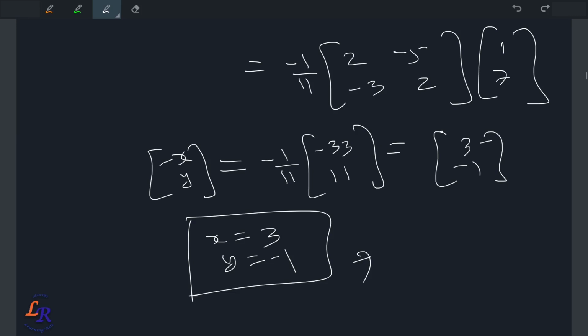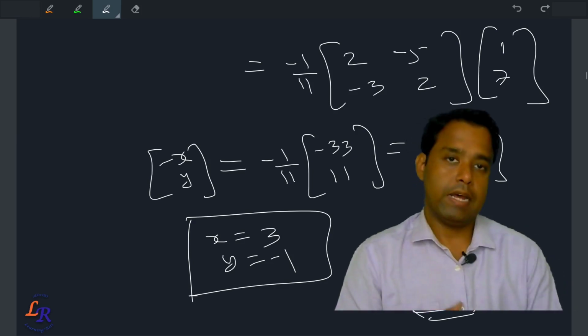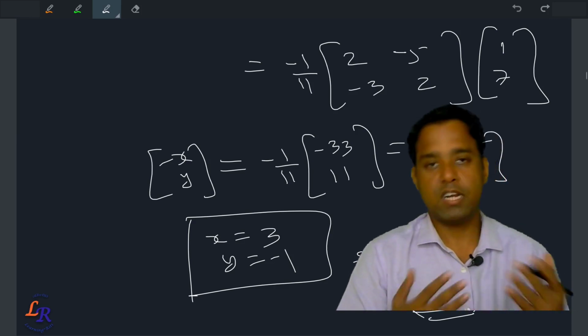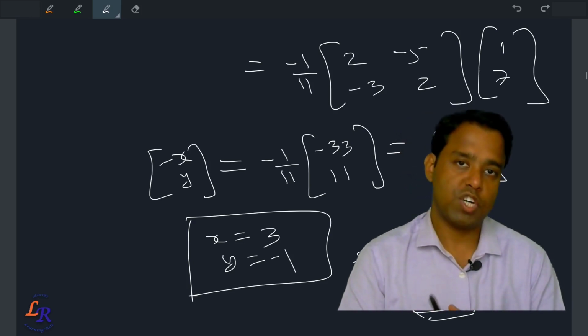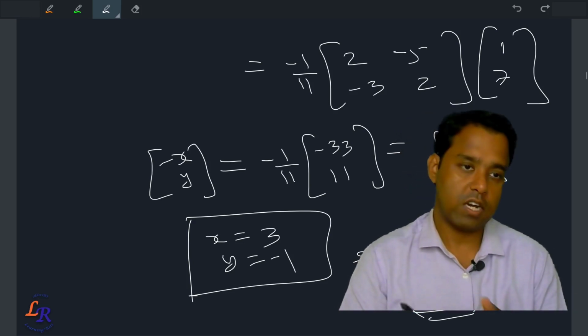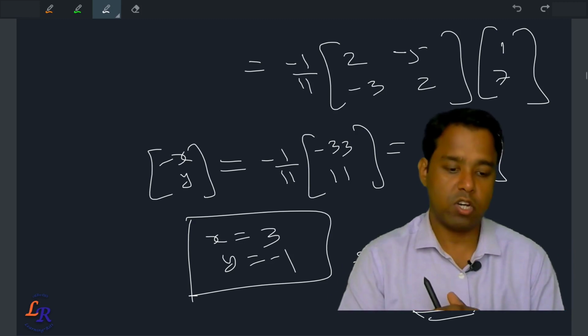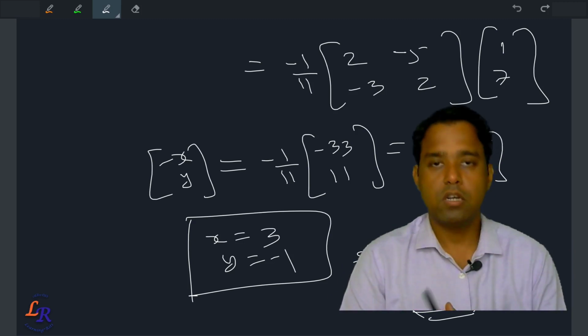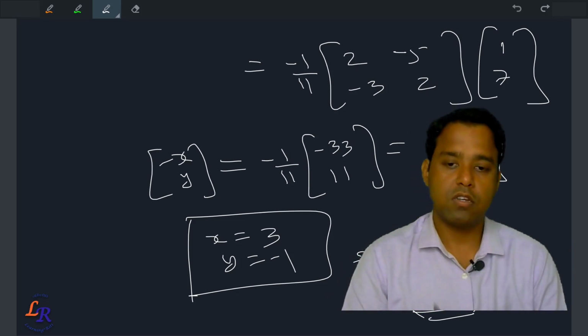What we need to know is to find the determinant, adjoint, and then calculate, and you should know matrix multiplication. So this is all about the application of determinants and matrices to solve a matrix equation with lots of unknown variables, a system of linear equations. So this is all about this application of matrix.